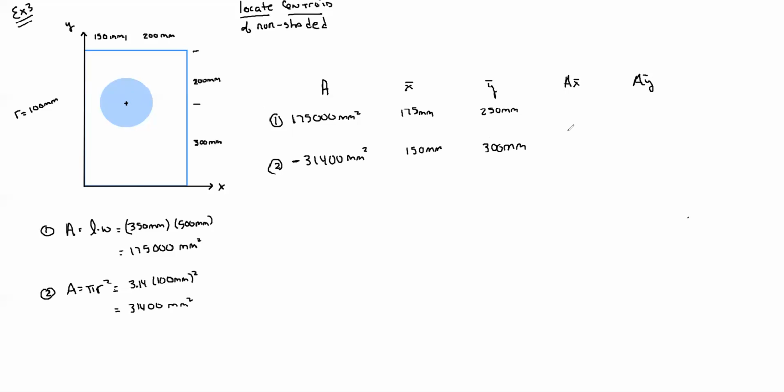It's multiplication after that. This is the part that most of us like doing, because we've done all the hard work already. So 175,000 times 175 is 30,625,000 cubic millimeters, and 175,000 times 250 millimeters is an even larger number, 43,750,000 cubic millimeters.